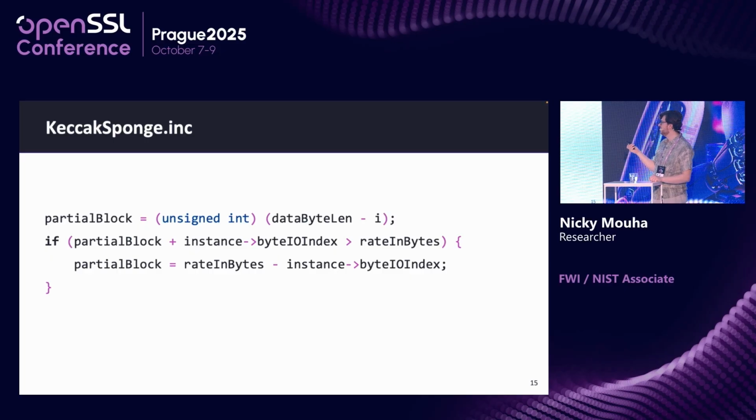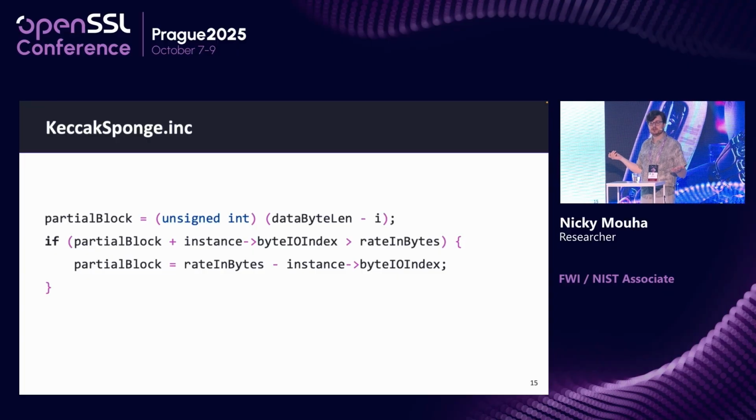But then what will happen is you're expecting to get a really, really large value in your input, but it turns out you get a really small value because you overflow. And then this second line will not get executed anymore, and then this will lead you to have the buffer overflow. So as we're correcting the code, the first thing we need to do is to move the minus instance byte index to the other side.